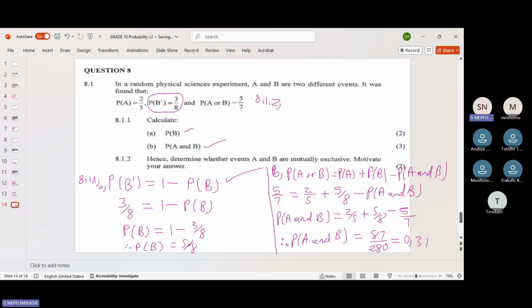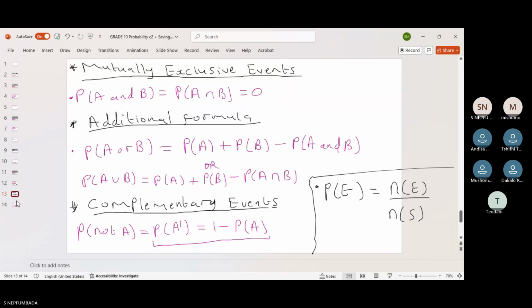Let's go to the last question, 8.1.2. They say, hence, determine whether A and B are mutually exclusive. What do we know about mutually exclusive? There is no intersection. The probability of A and B equals 0.